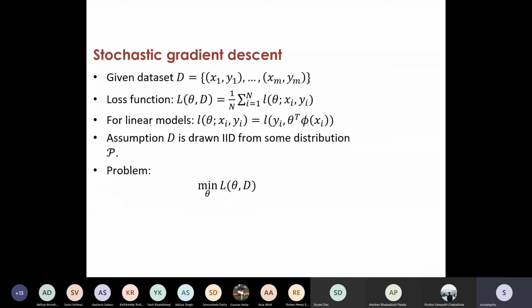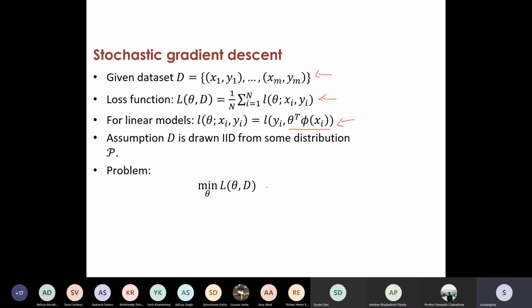So today, you remember we discussed the stochastic gradient descent algorithm. What is it? The problem is that you are given a data set D and a loss function L. The loss function can be something like this for a linear model, where your prediction function is theta transpose phi of x.